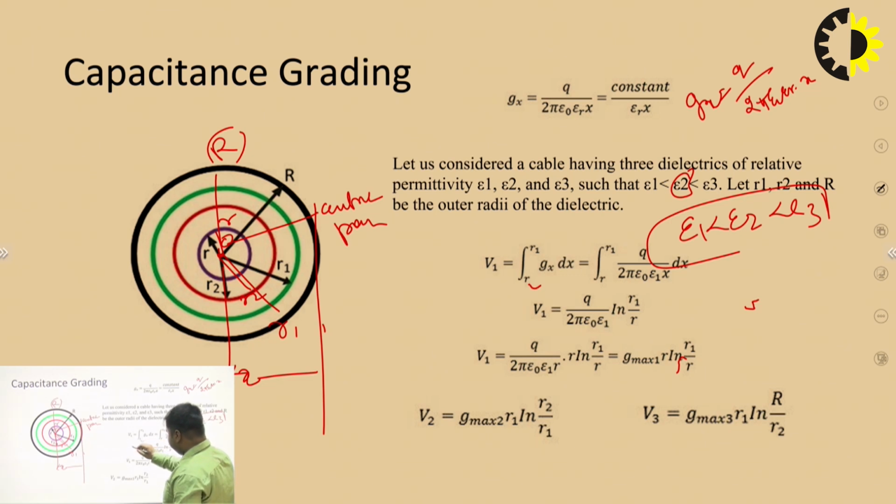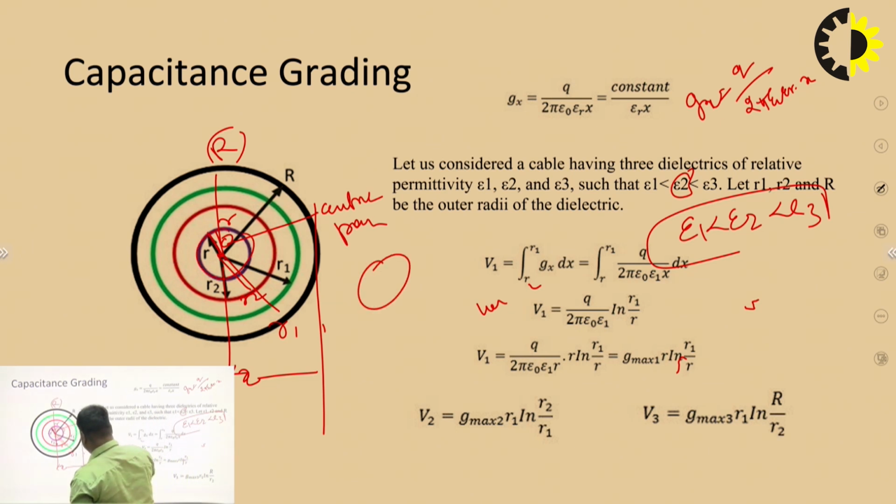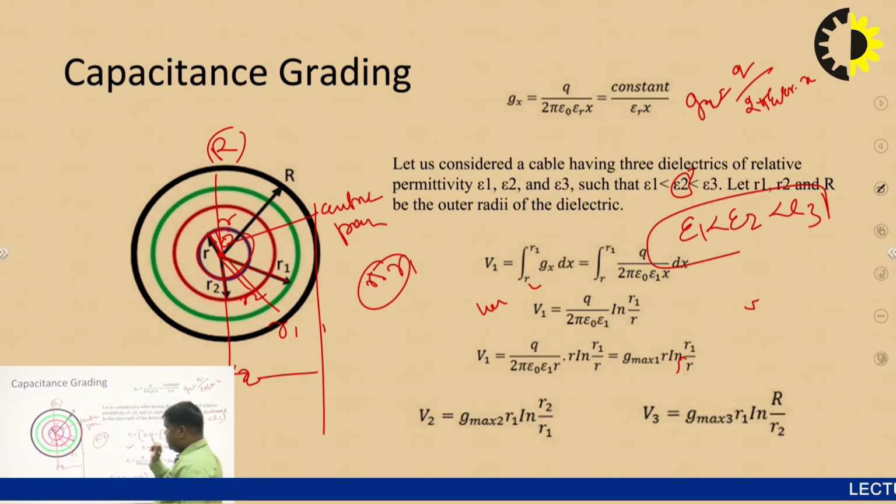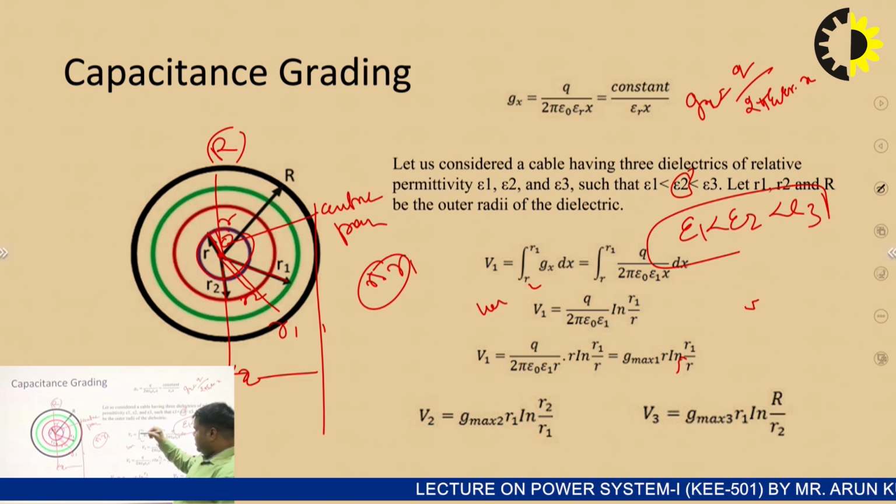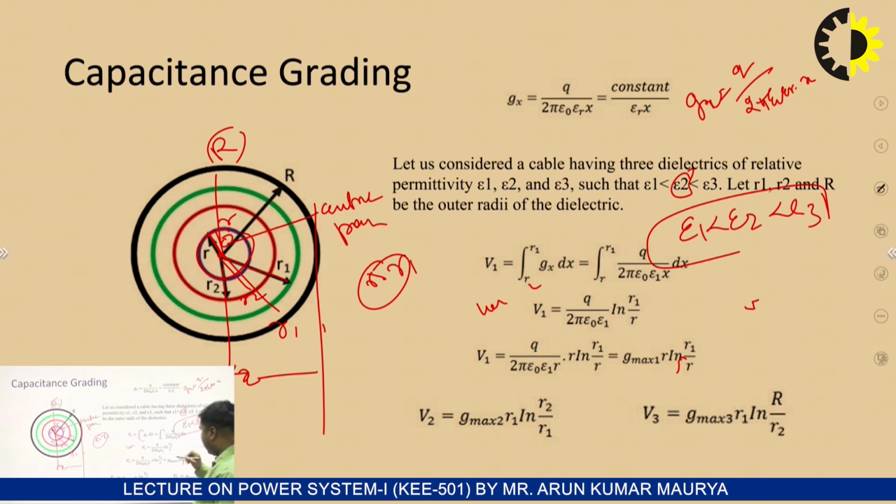The lower limit is small r, this part, and the outer limit is r1. So the electric potential V1 equals the integral of G of x dx, with limits from r to r1.